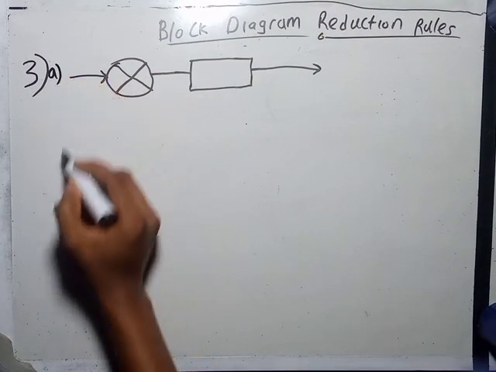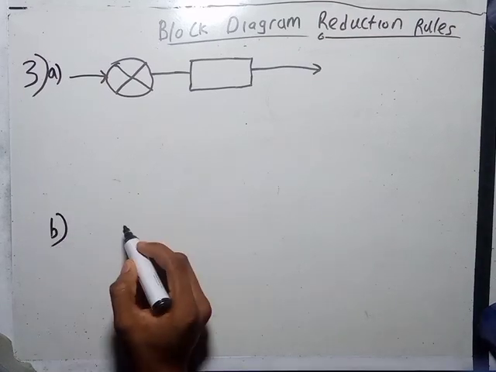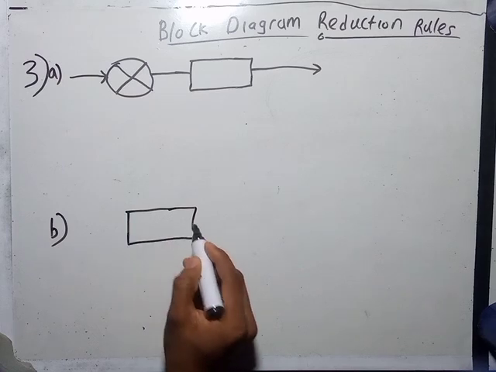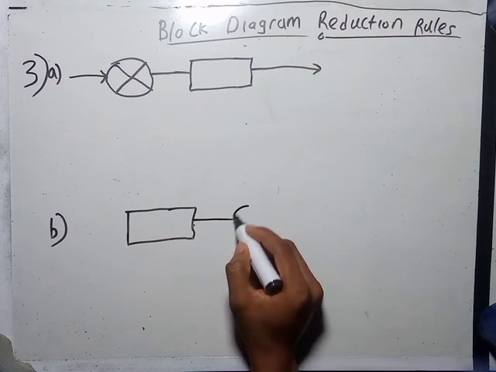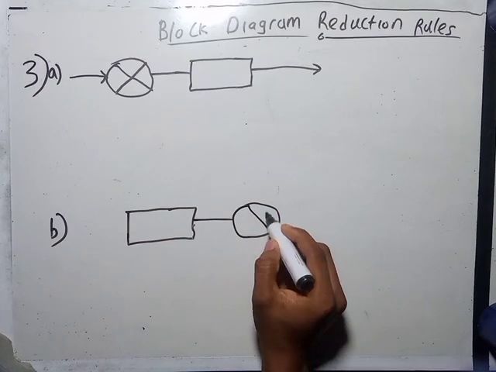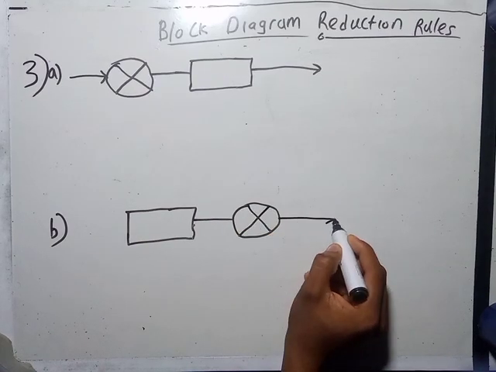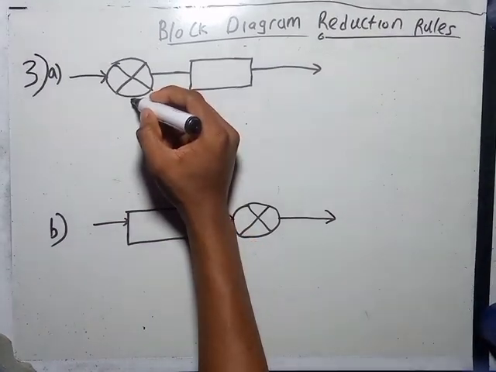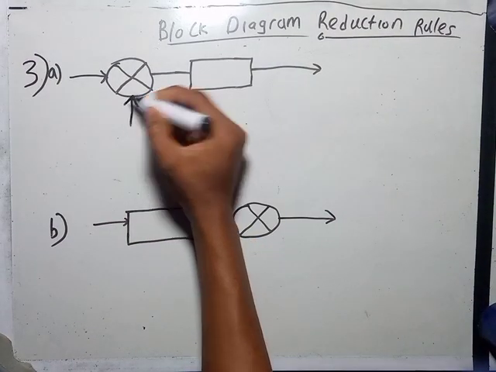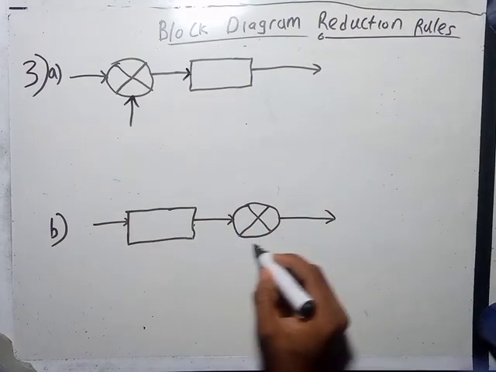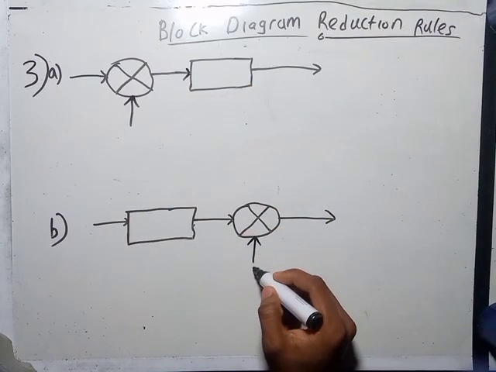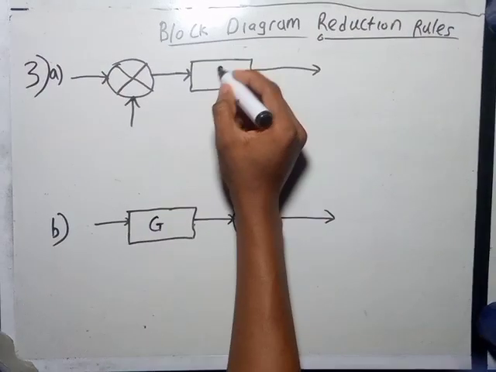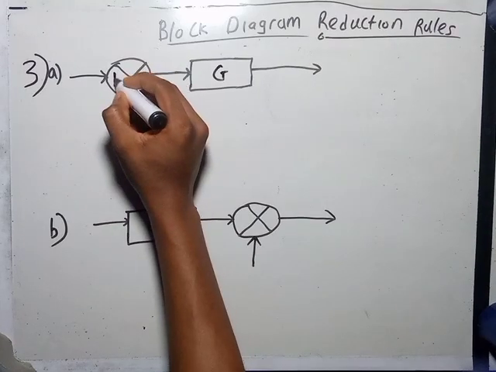This is case A and case B. And in our case B, we have our transfer function block ahead of our summing point. So let's say this is G and let's say plus plus.